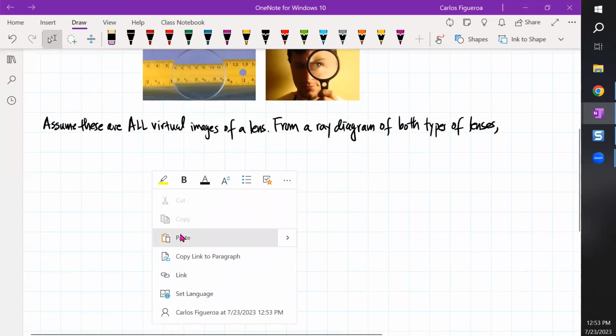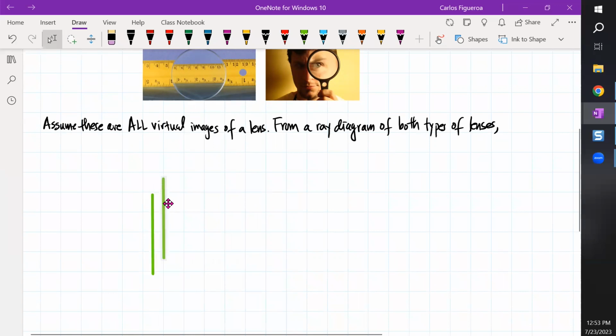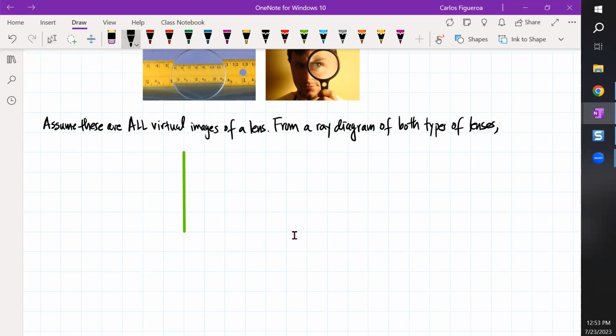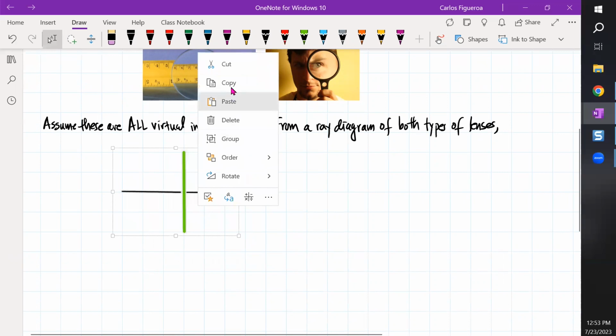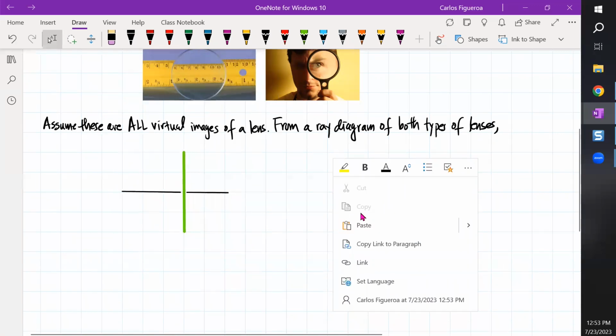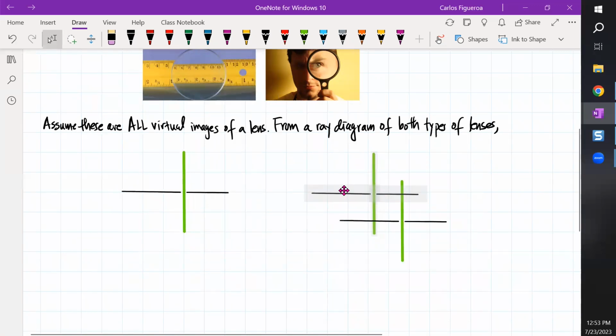So I'm going to say that in this situation, I'll call this a converging lens. It doesn't really matter the order. So let me draw this. And then I'll copy this, and over here, I'll have a second lens that's diverging.